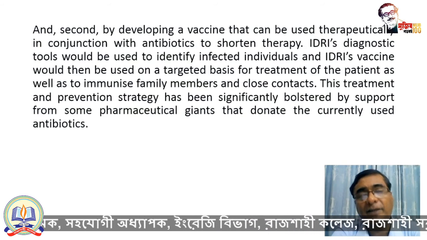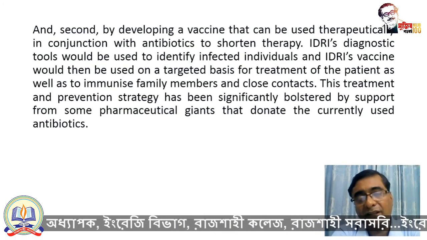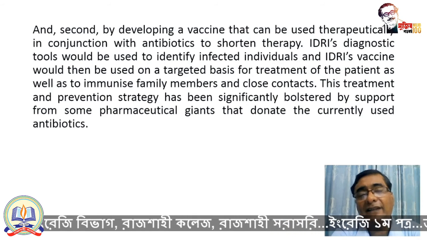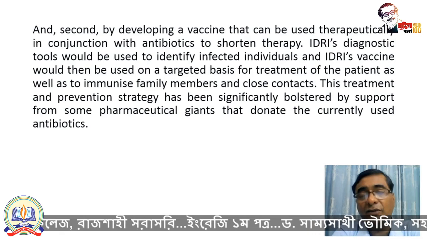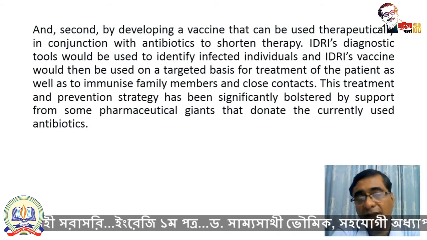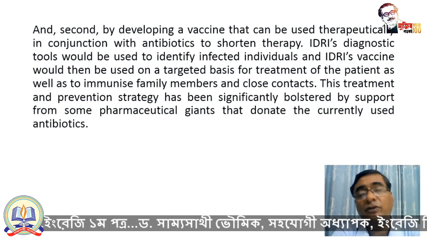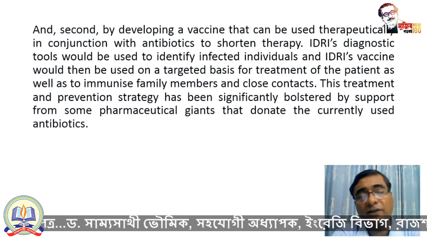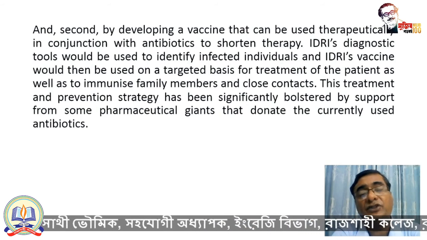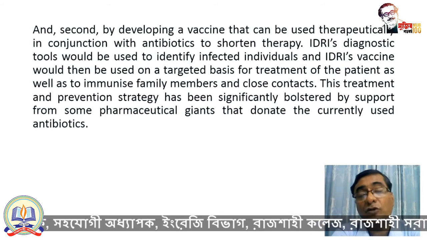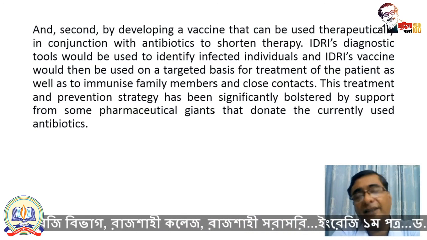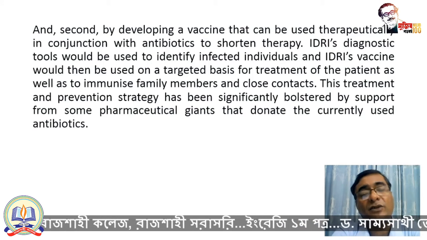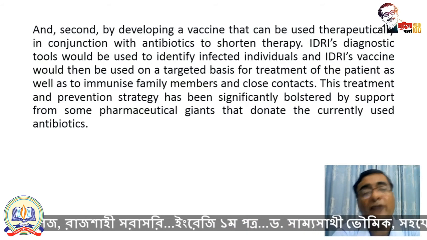And this treatment has gained pace, has gained momentum. That means the pace has been doubled. And who has supported this treatment? Some pharmaceutical companies, big companies, are donating the currently used antibiotics. So that's how the treatment is going across the globe.